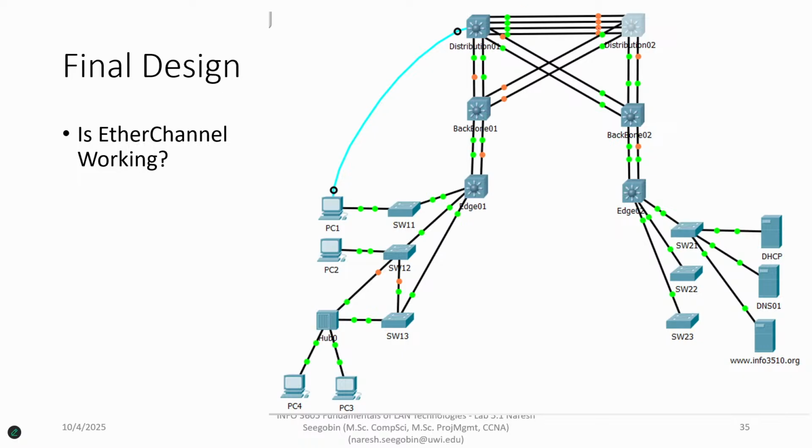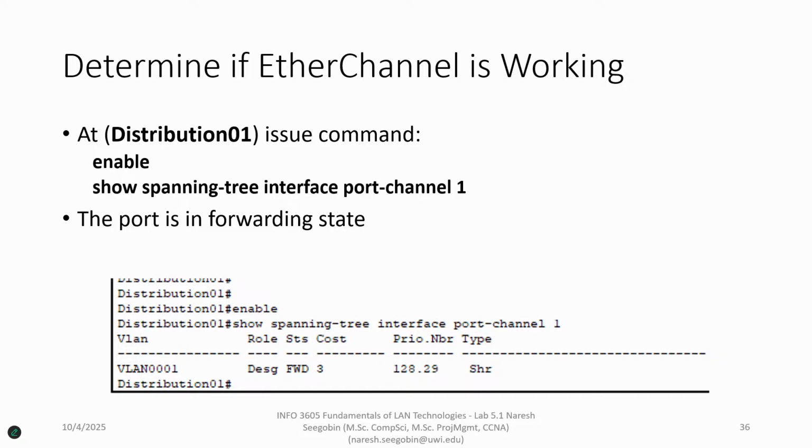Because this port is blocking, we have to find a way how to fix this blocking state. It's kind of not part of the lab per se, but we'll see. All right, we'll check this out. Distribution 1.